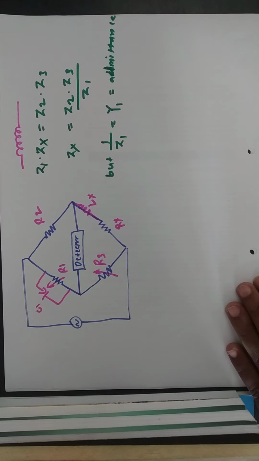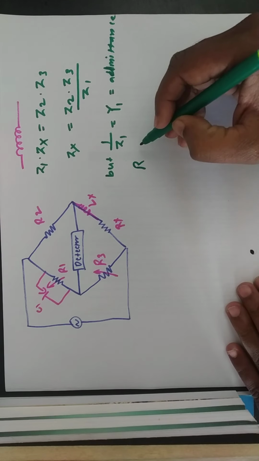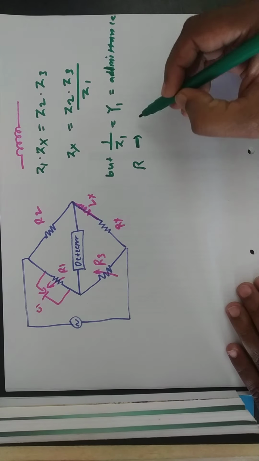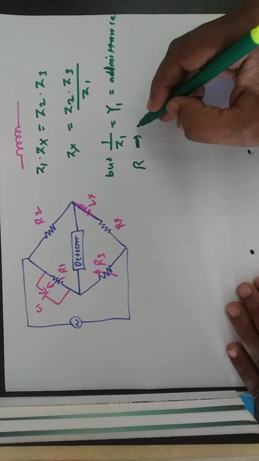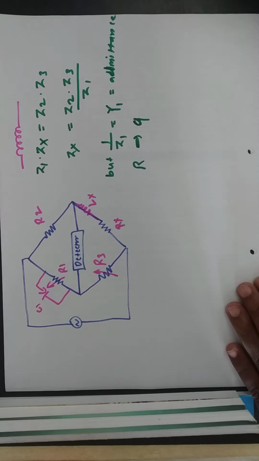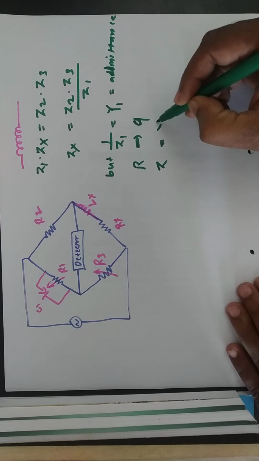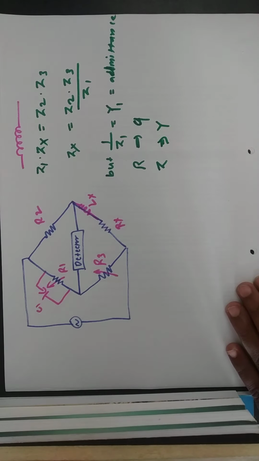As we know, in a DC network, R is the resistance and conductivity is its reciprocal. In an AC network, its reciprocal is Y, and its SI unit is the Siemens.